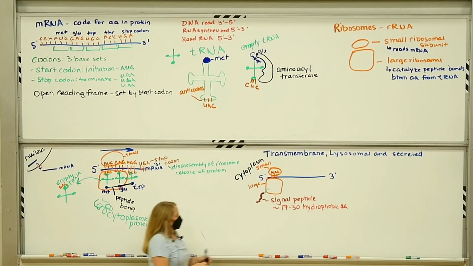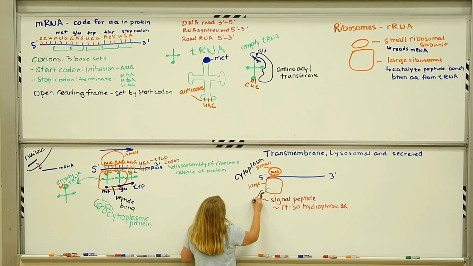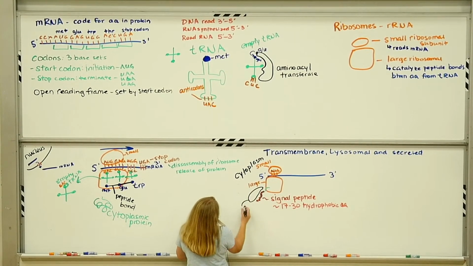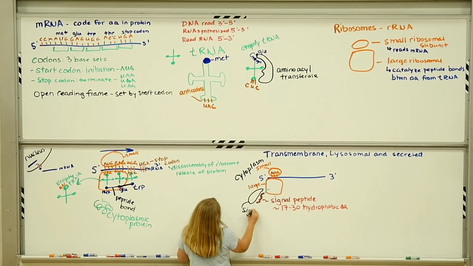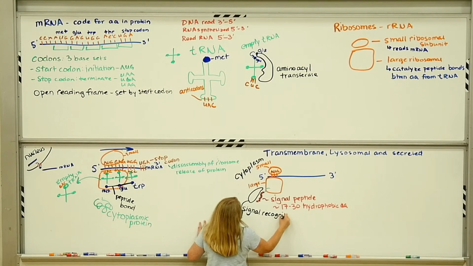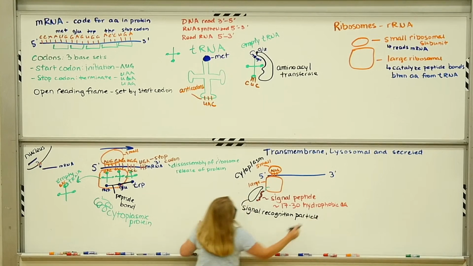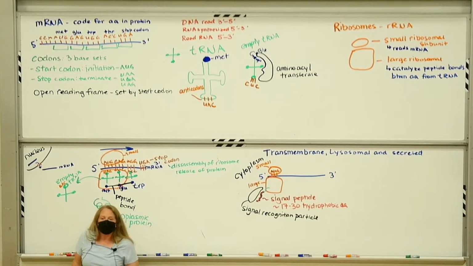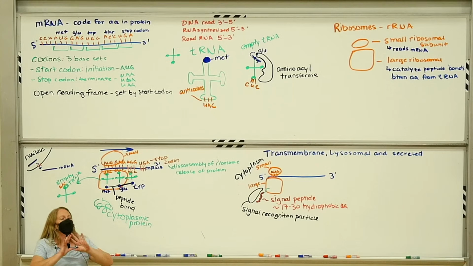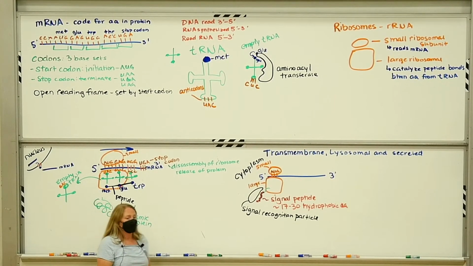So we have this other protein called a signal recognition particle. The signal recognition particle will have hydrophilic R groups on the outside so that it's quite comfortable in the cytoplasm, but it will have a binding pocket inside that has hydrophobic R groups.